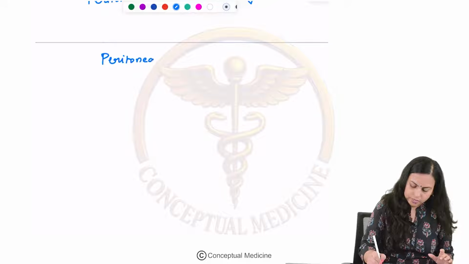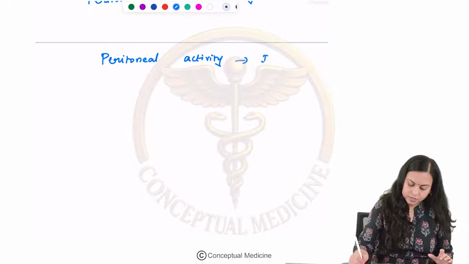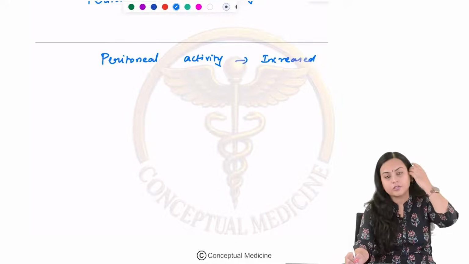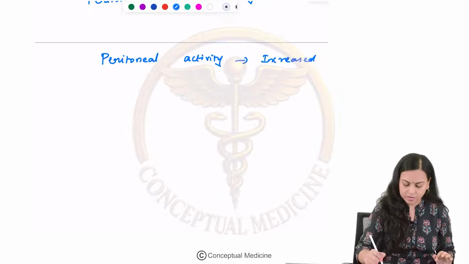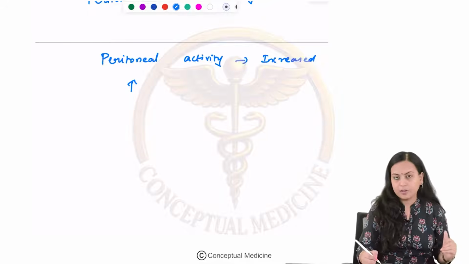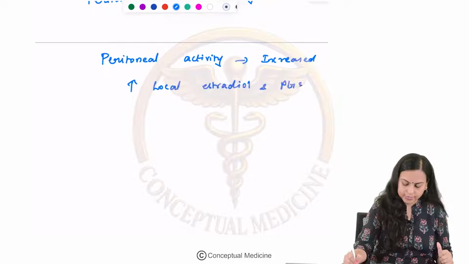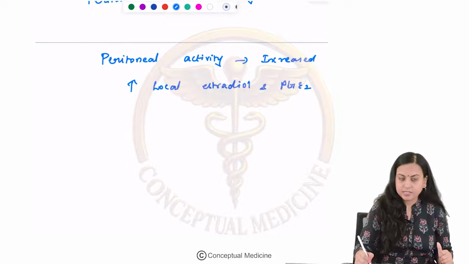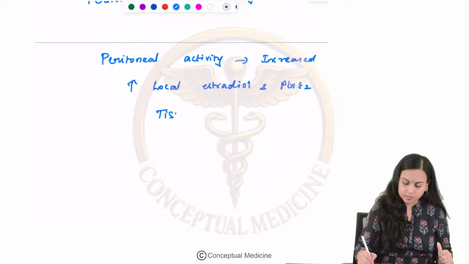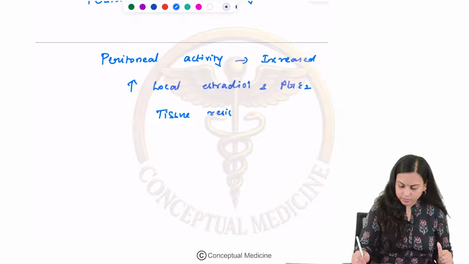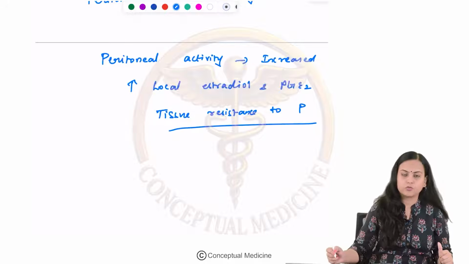So, the peritoneal activity in them is increased in the presence of interleukins and growth factors. There is also high level of local estradiol as well as prostaglandin E2 in them, and the tissue resistance to progesterone is seen. Okay, there is tissue resistance to progesterone.